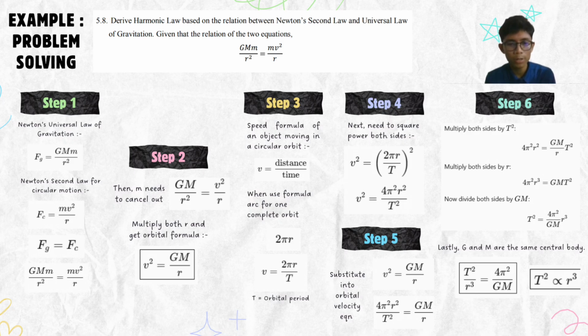Step 5, we substitute this expression for v squared into the previous equation, giving 4 pi squared r squared over T squared equals G M over r.